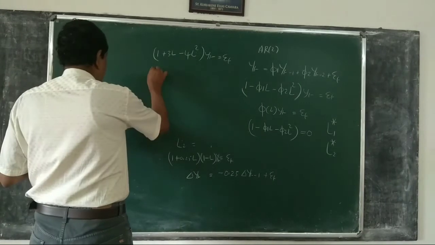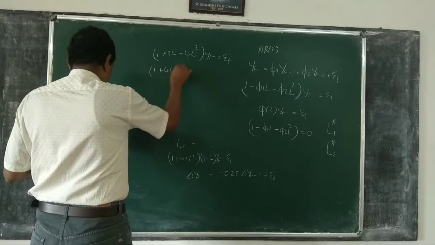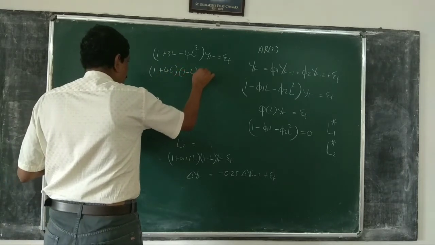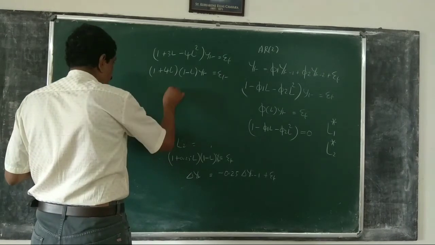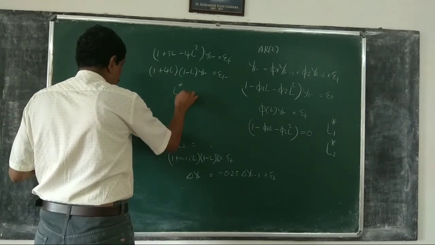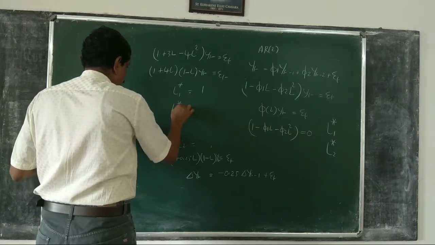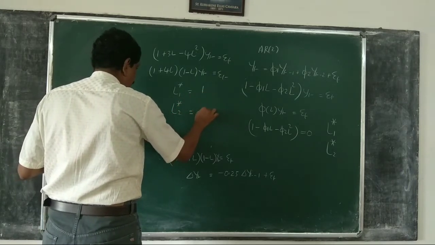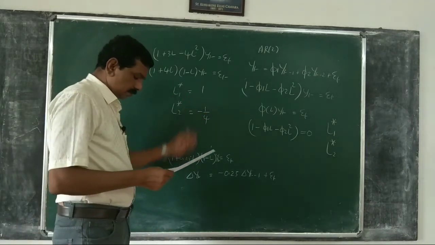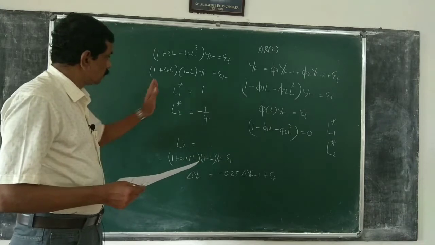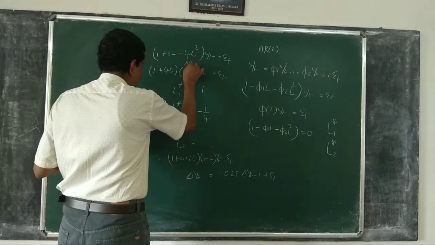Then this will be factored into (1 plus 4L) into (1 minus L) yt is equal to epsilon t, which gives the roots L star 1 as equal to 1, L star 2 as equal to minus 1 by 4. Now the process has two roots.